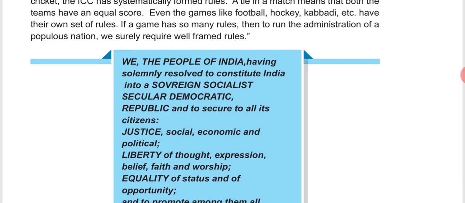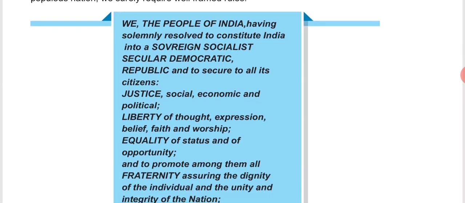That means it tells us what our constitution consists of, what the guidelines in the constitution are, what principles are written in it, and on what philosophy the constitution is written. All the things I have told you are written in the preamble. That is the preamble of the constitution.